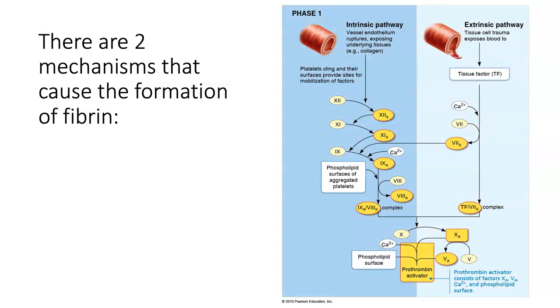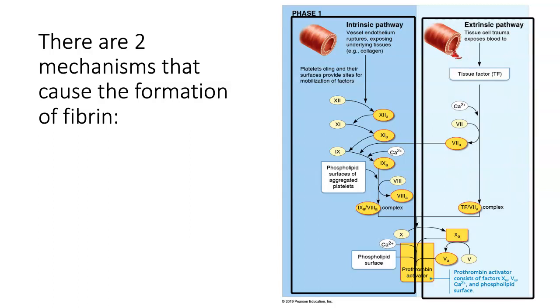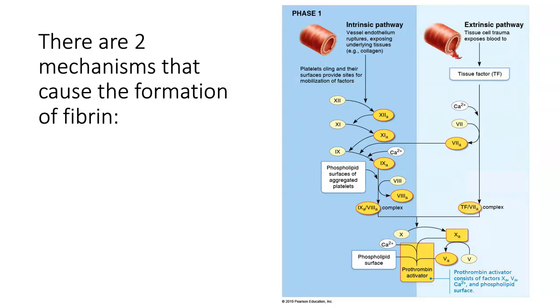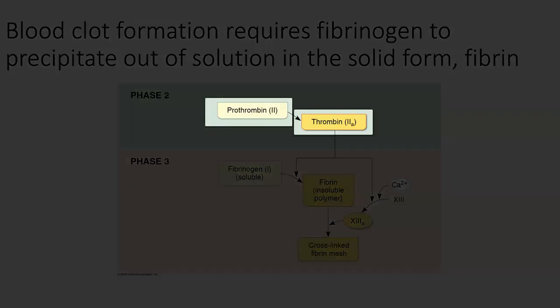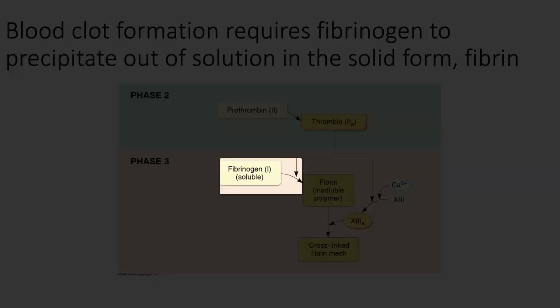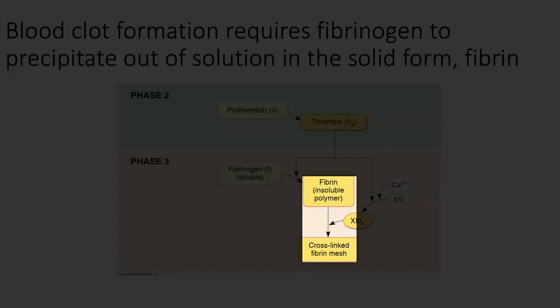If nothing else additional is added to the blood, like in the intrinsic mechanism, or if tissue thromboplastin is added to the blood as an SOS signal and it speeds up the process, either way, what will happen is the same thing: prothrombin is converted to thrombin, and that thrombin will convert the soluble fibrinogen into the insoluble fibrin, and that's what we need to form a blood clot.